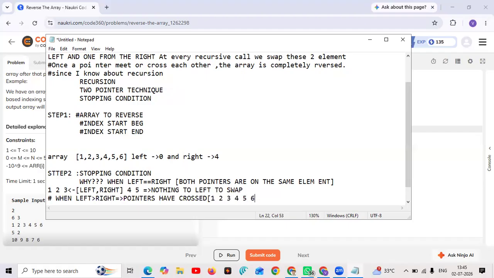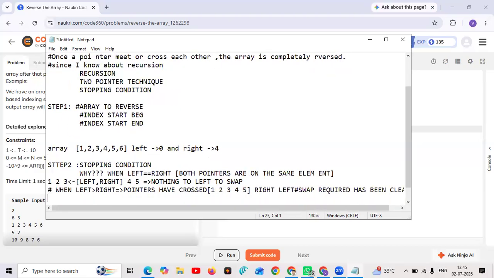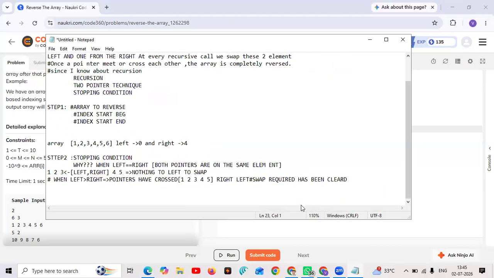That means right and left have crossed each other. So at this point, we say that the swap required at every step has been cleared.